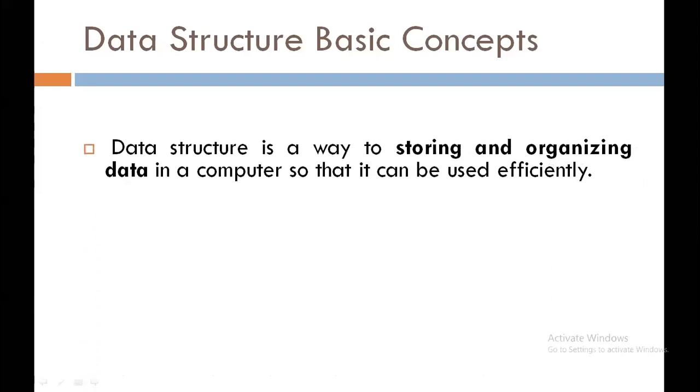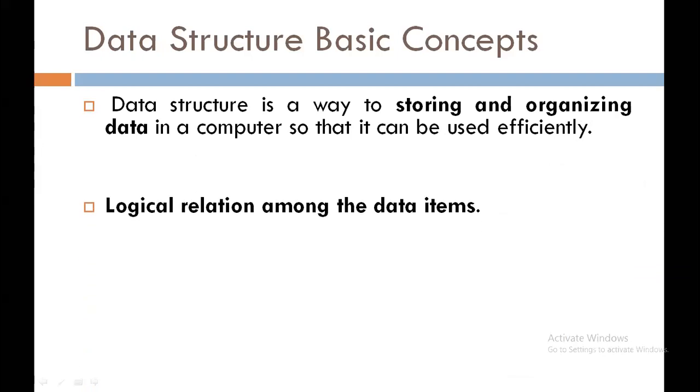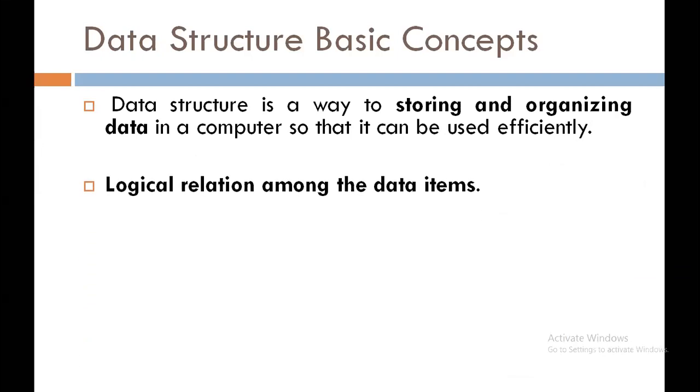Next, let's start with basic concepts of data structure. A data structure is a way to store and organize data in a computer so that whenever we need, it can be used efficiently. In short, the logical relation among the data items is called data structure.